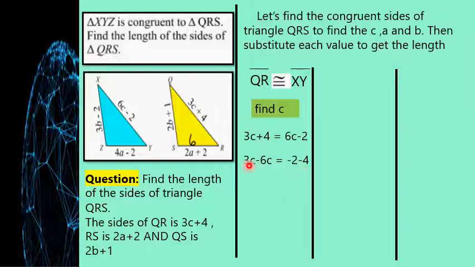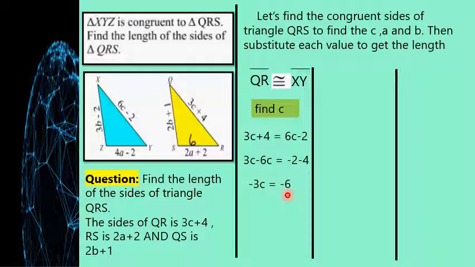Since this one has a different sign, you have to subtract, and it becomes negative 3c. And this one is both negative, so same sign, you have to add and copy that sign. So this one, negative 3c equals negative 6.